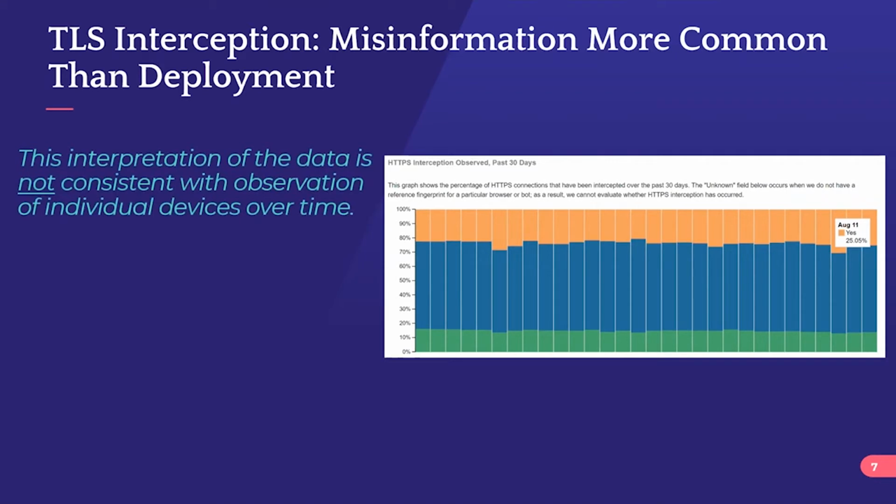But what we found is that this interpretation of the data is actually not consistent with measurements that we've taken over time. One of the things that we're in the business of is looking at network traffic and abstracting what's happening on the network into devices, then tracking and analyzing those devices over time, and automating the analysis and investigation of devices.